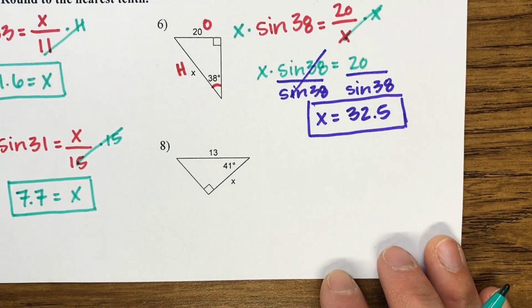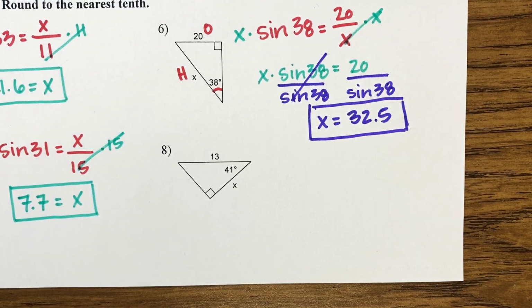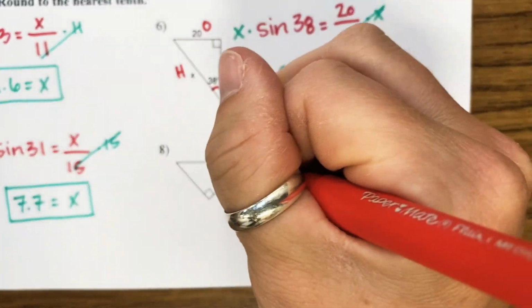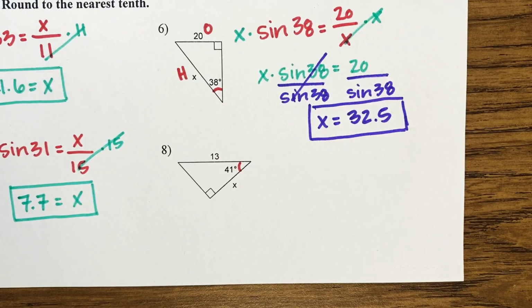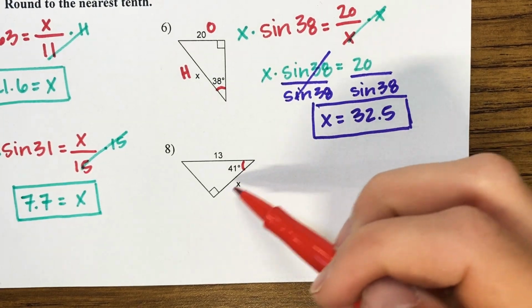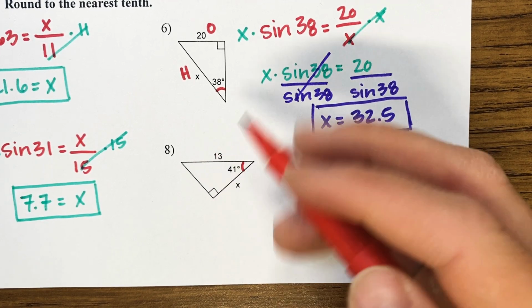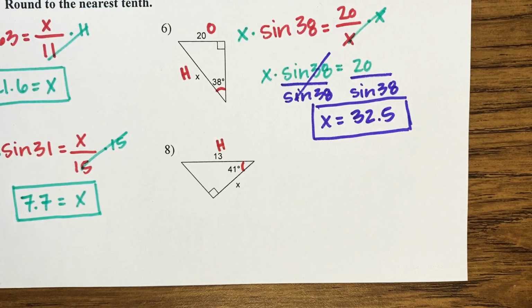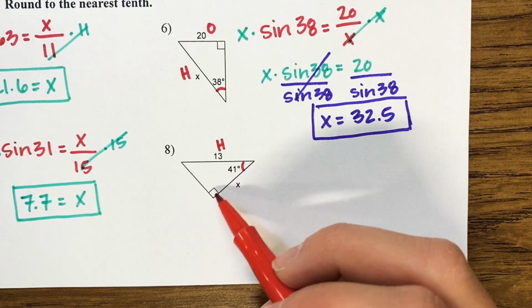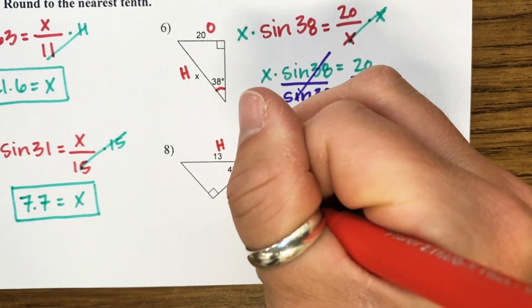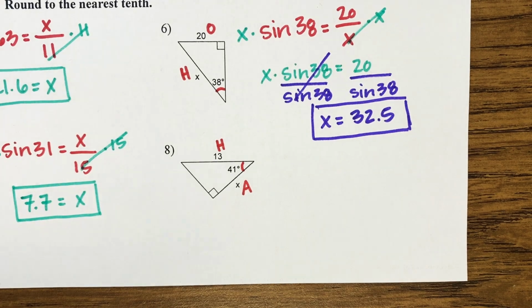Okay, last example, number 8. What angle does it give us? It gives us 41. Okay, now based on 41, I see that 13 again is across from my right angle. That tells me hypotenuse. Okay, but x is right next to 41. That tells me it's the adjacent side.